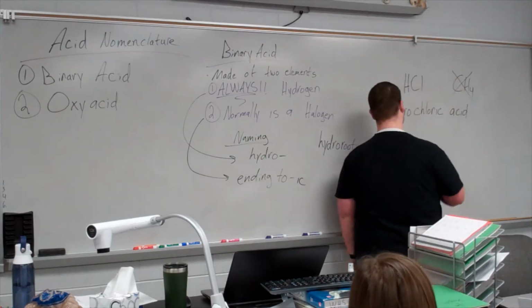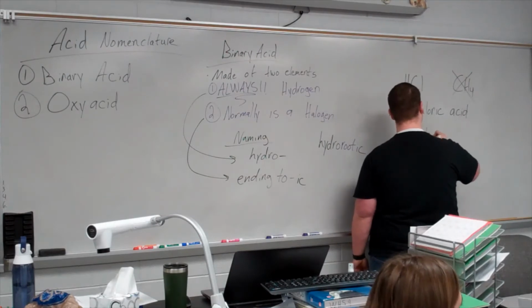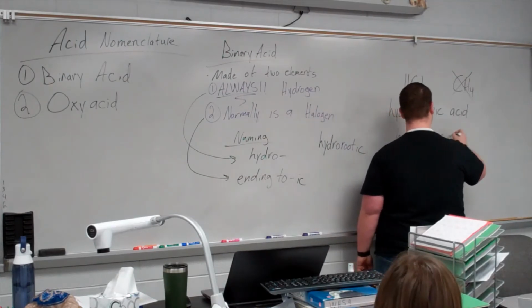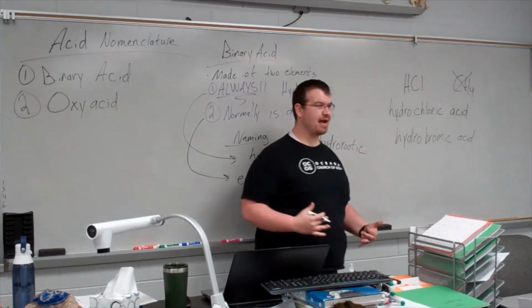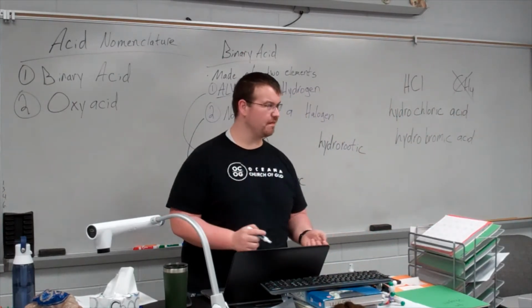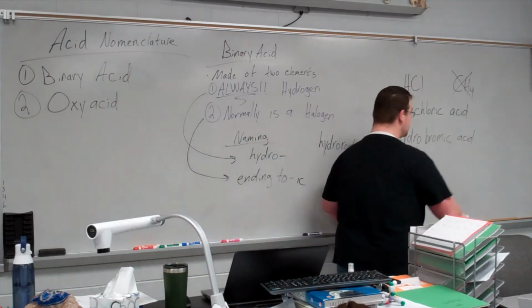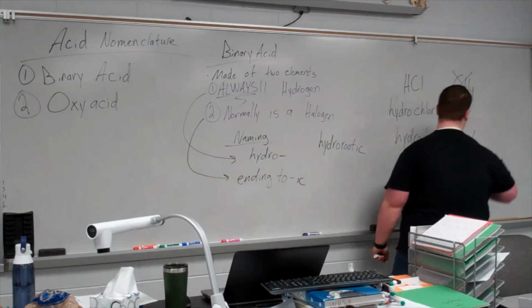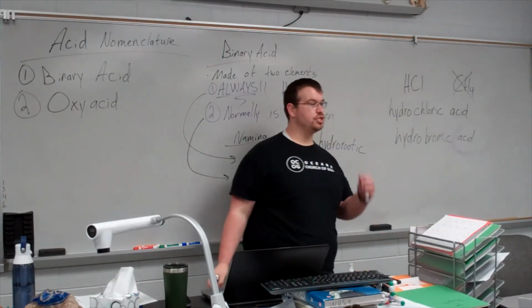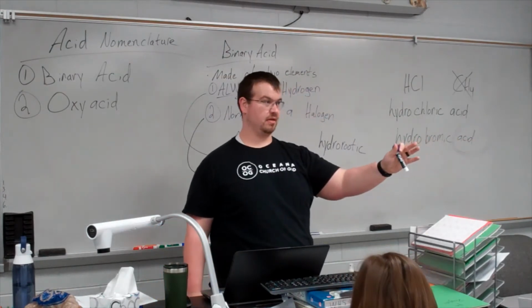Alright, so in this, if I gave you hydrobromic acid, work it backwards. Here's the key. I'm literally going to give you the key right here. You see acid. When you see acid, you know go acid naming rules.